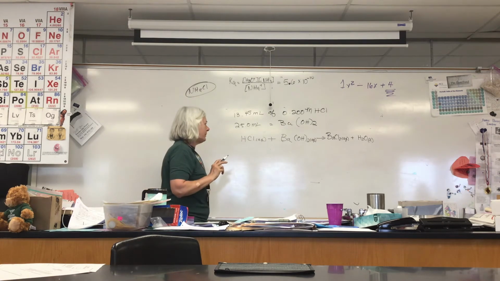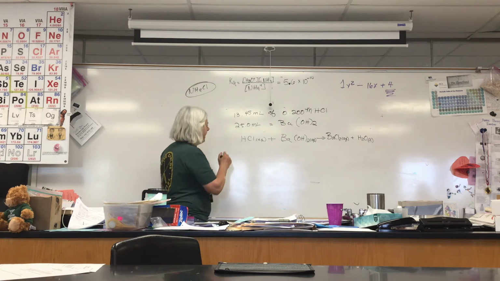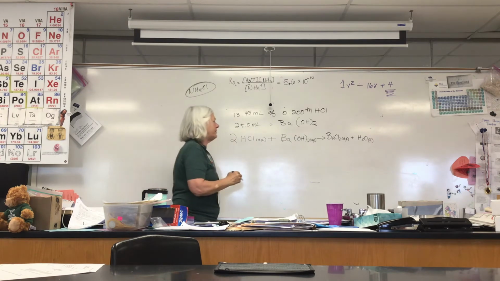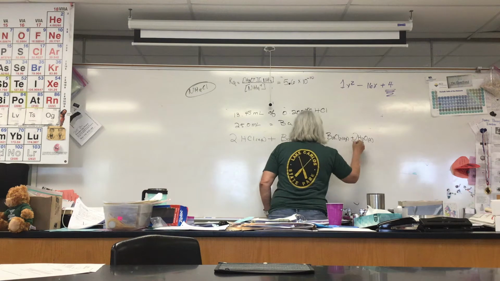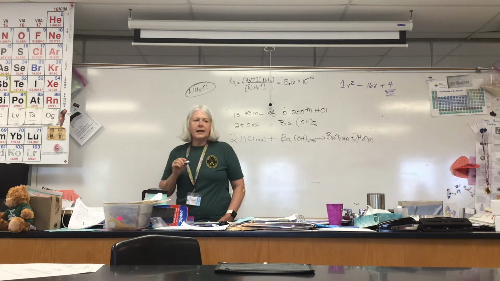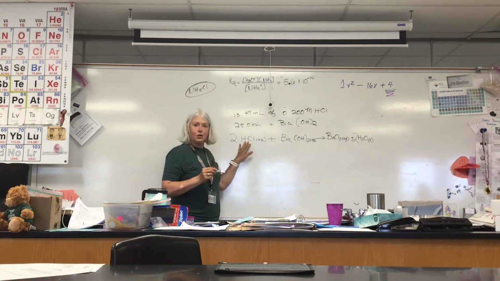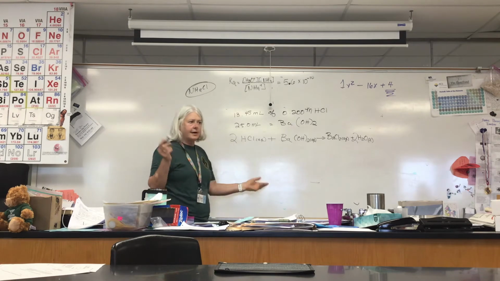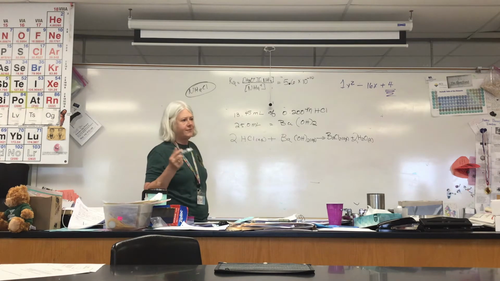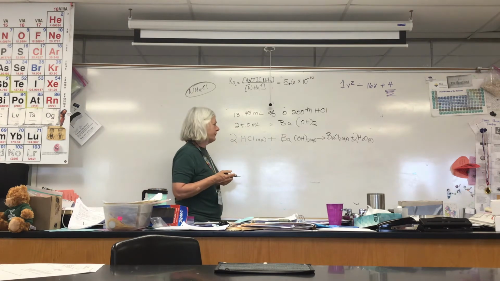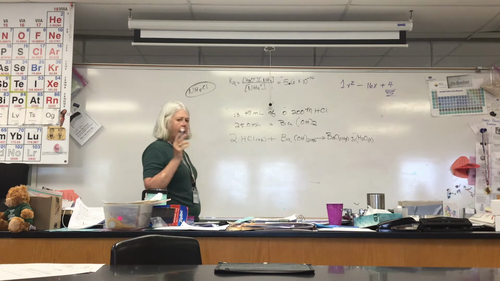So here's my chemical equation. This isn't balanced, and these are usually pretty easy to balance. You don't have to put many numbers in, especially since this is a monoprotic acid, do you agree? So it's gonna have a couple of twos and a couple of ones, always, if you have a monoprotic acid or something with a two. So now, I'm gonna set this up as a simple stoichiometry problem.